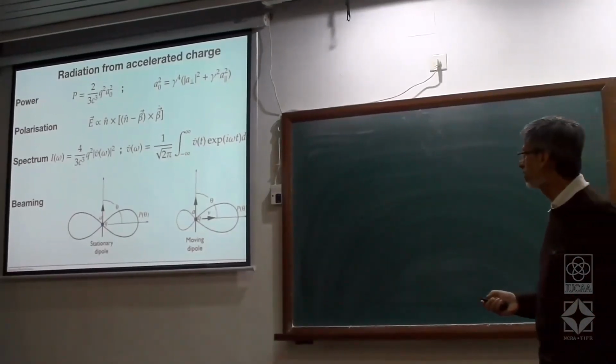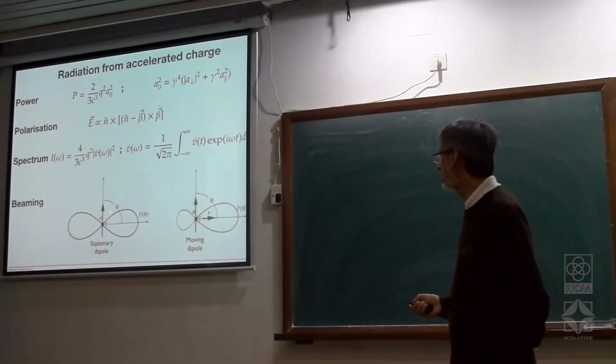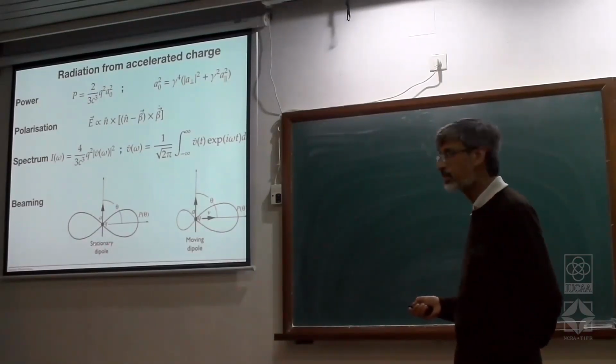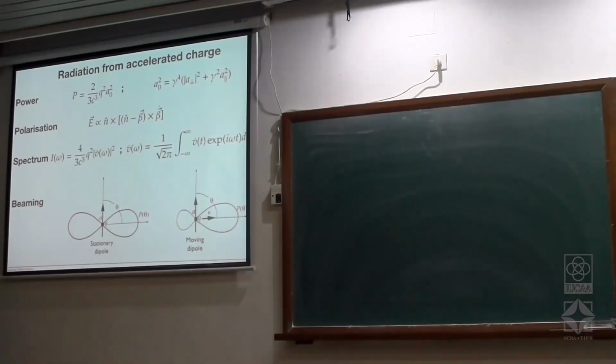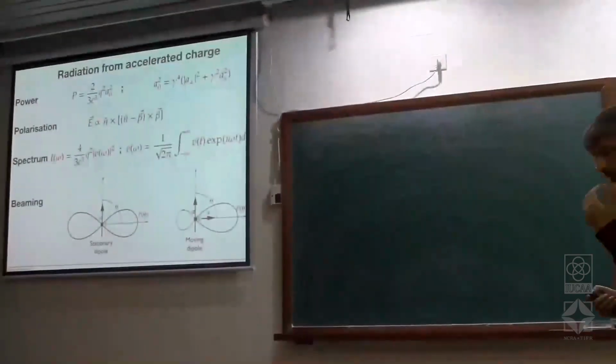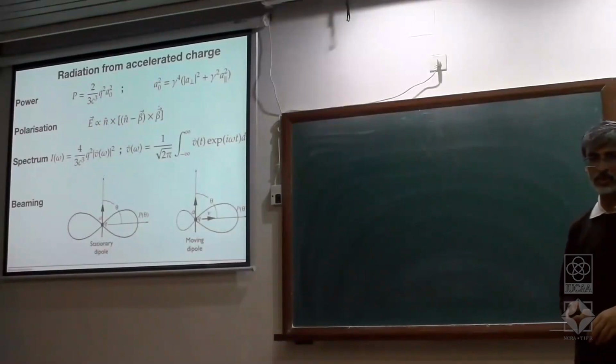So I have sort of shown that pictorially here. I have not given you any expressions. So suppose it's a stationary dipole, and for each emission mechanism there will be an emission pattern. Usually, no emission mechanism gives you absolutely isotropic radiation.